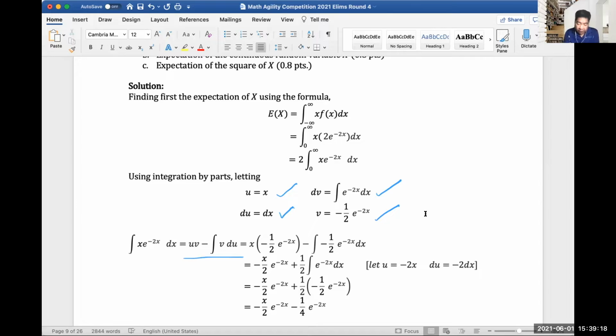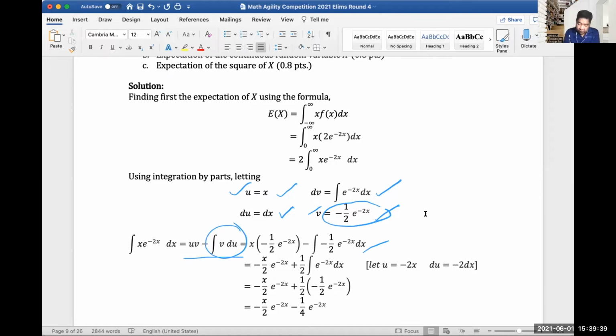So uv, u times v, which is x times negative 1 half e to the negative 2x, minus the integral of v du. So v times the du, which is this, negative 1 half e to the negative 2x dx.